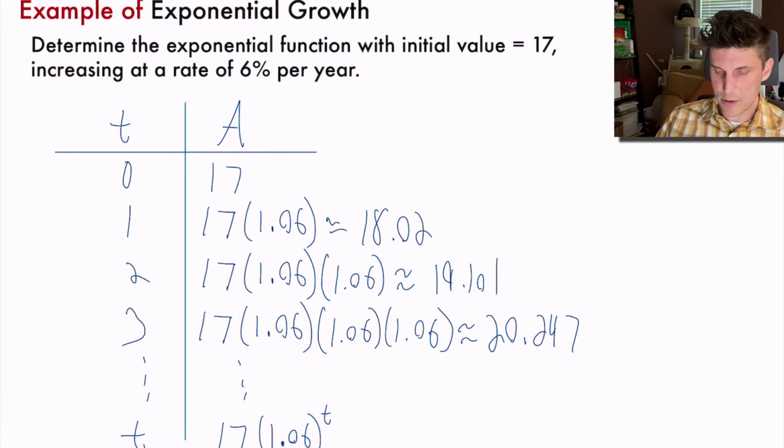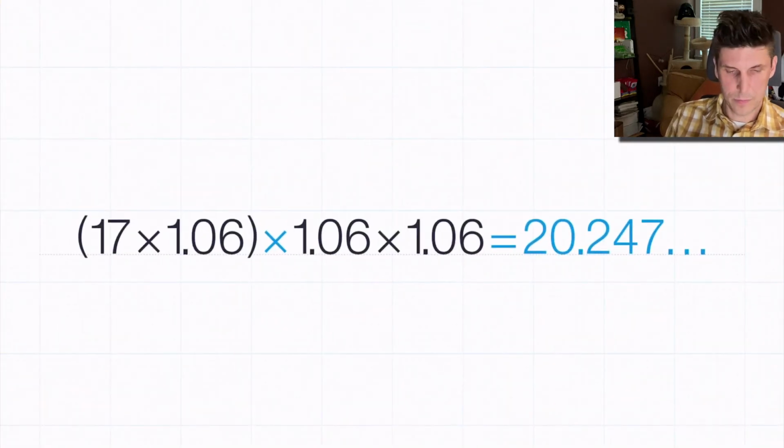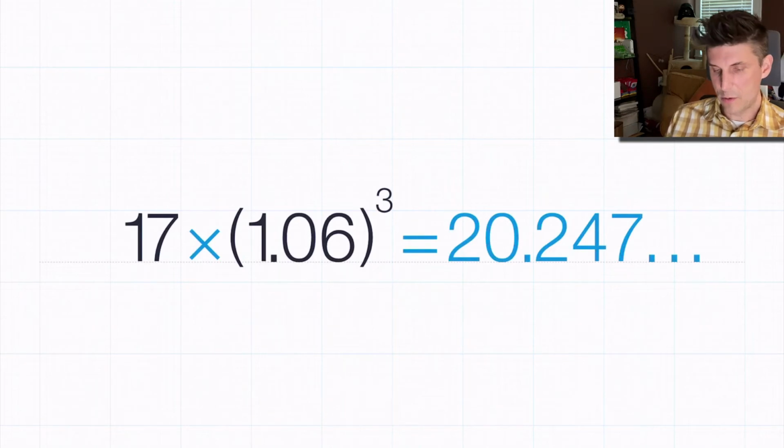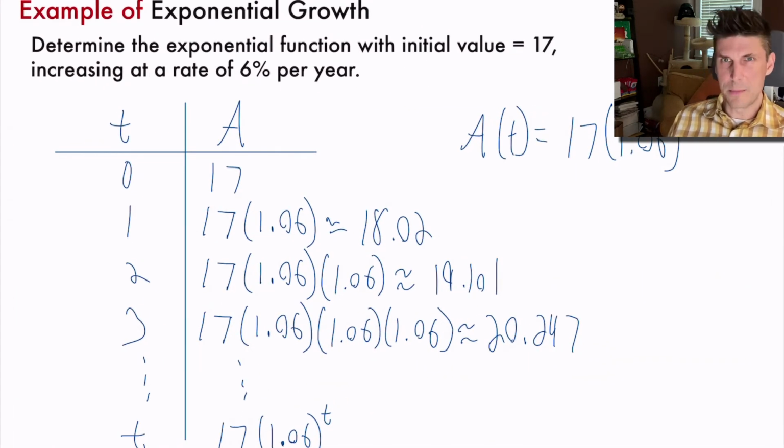So we have a function now that says the amount of whatever substance or whatever this is going to equal 17 times parenthesis 1.06 to the t power. 17 times 1.06 to the, in this case, the third power. And sure enough, it's 20.247 as we did manually there.